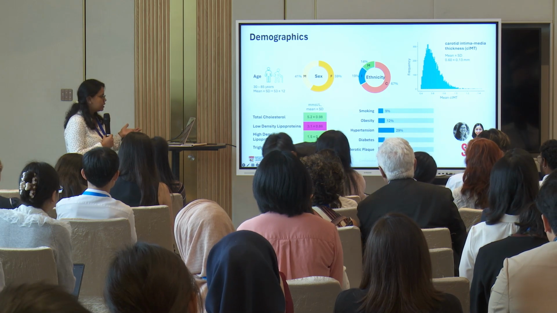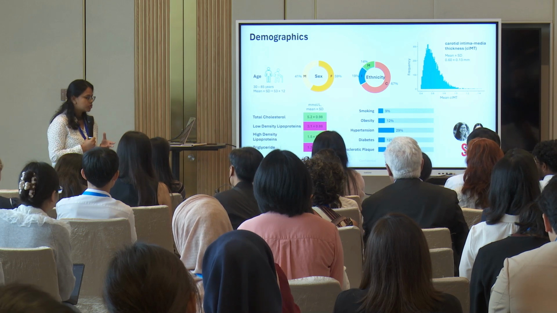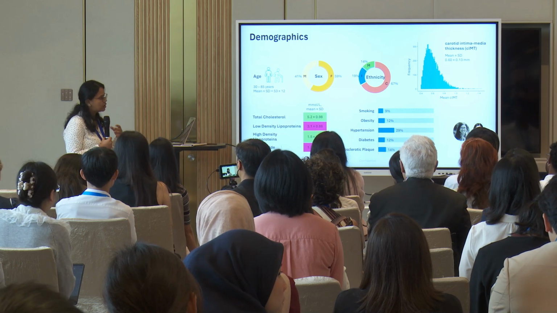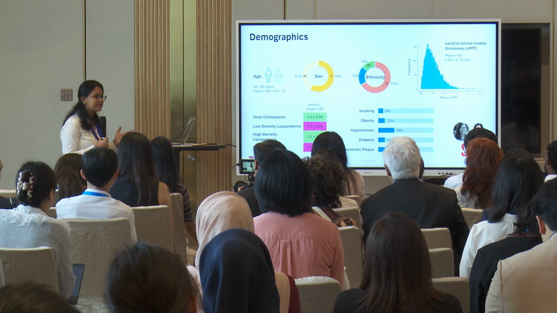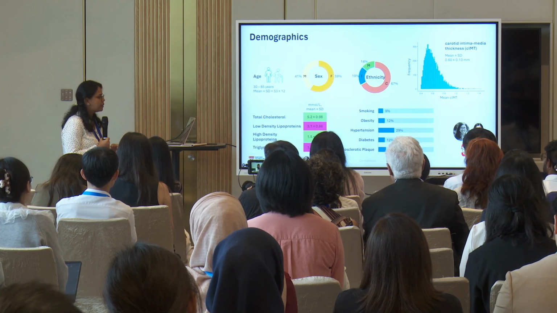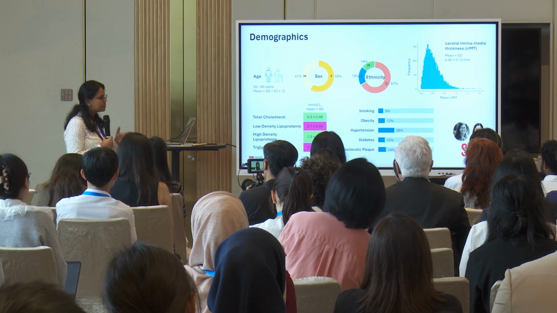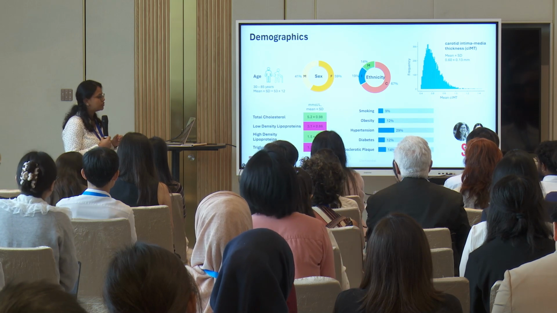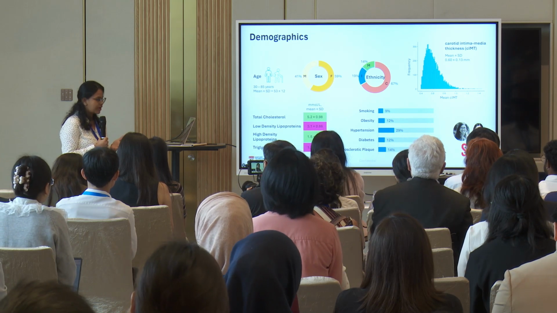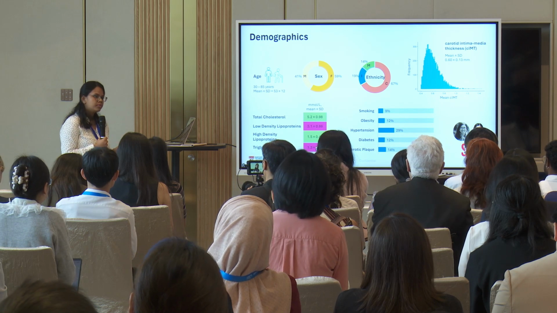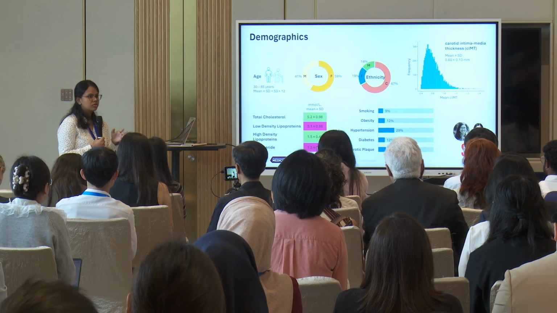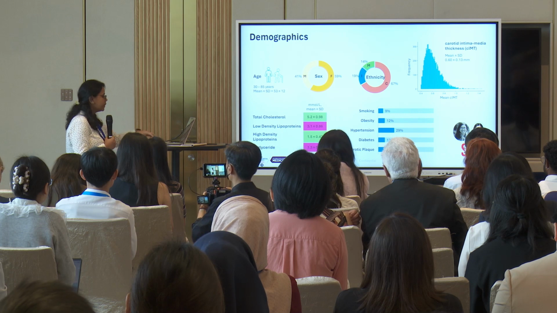You can also see the lipid profile of the study cohort on the slide. The LDL is slightly on the higher side. You can also see the prevalence rates of some common cardiovascular risk factors, which are very comparable to Singapore's national prevalence rates.